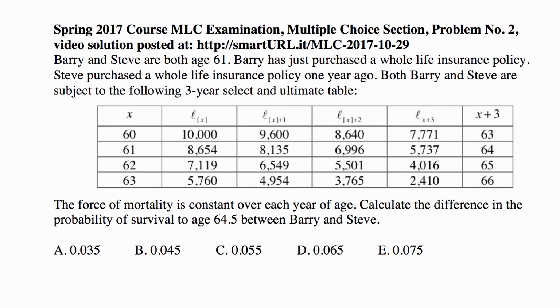And you have the size of the population subject to selection. And all this data will be used in the solution. The force of mortality is constant over each year of age. Calculate the difference in the probability of survival to age 64.5 between Barry and Steve.